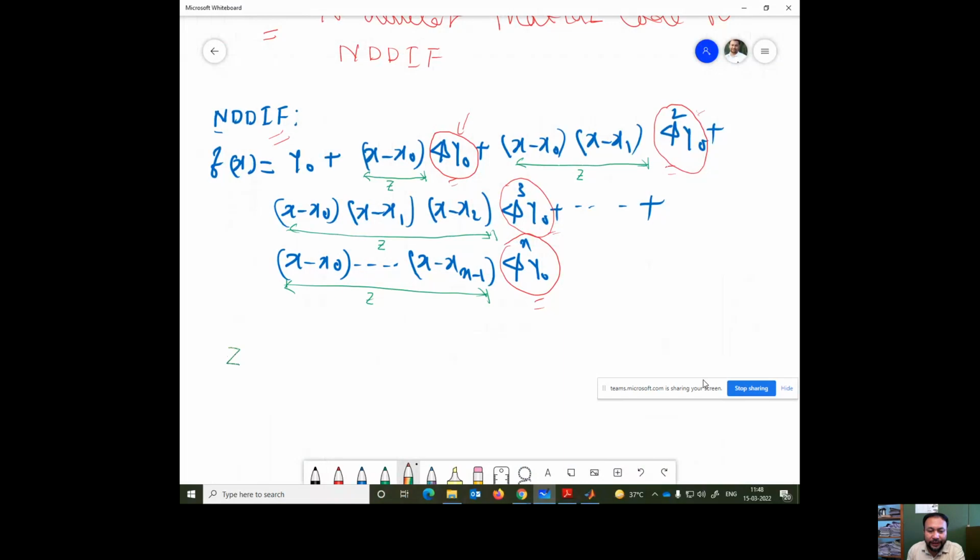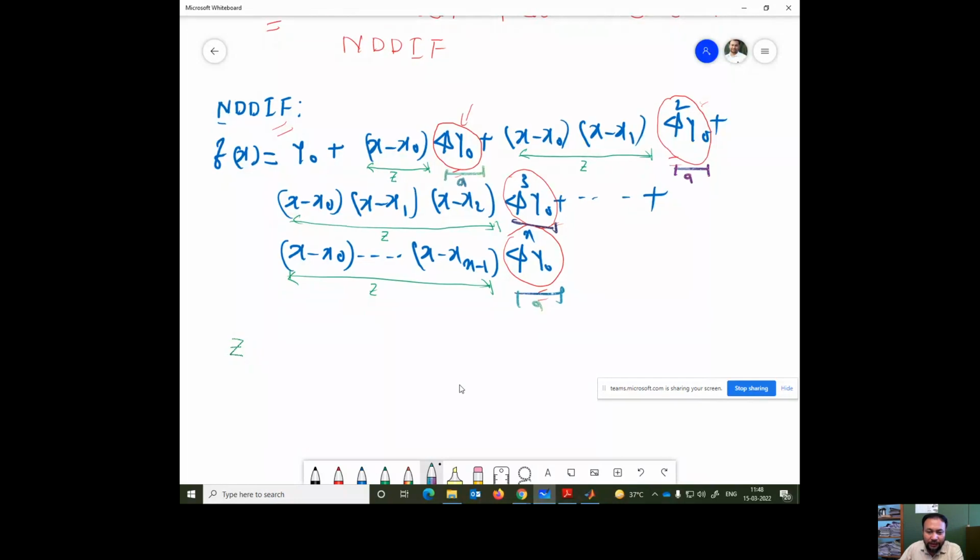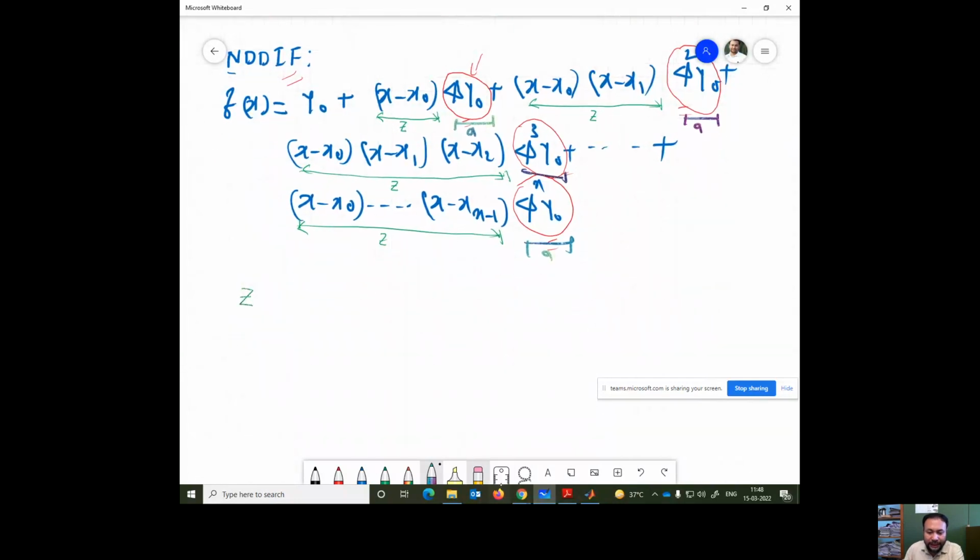Let us define another variable. This is the variable delta y naught, and let us define this by small a. These values are defined by small a. It means we are trying to classify all these things in two parts.